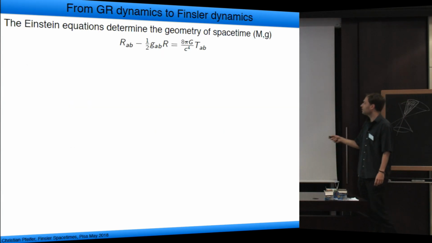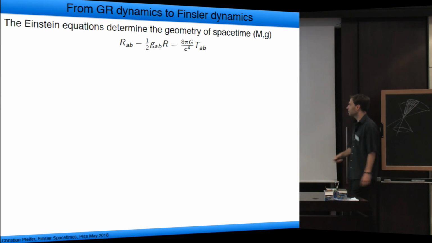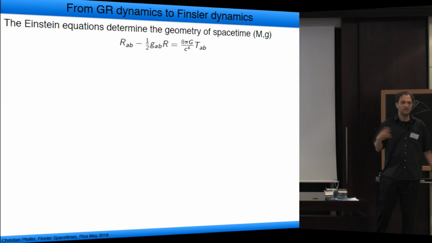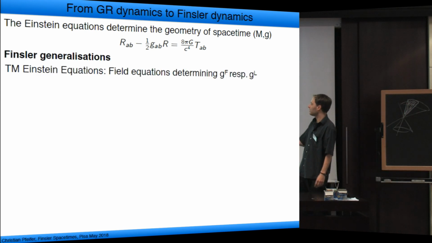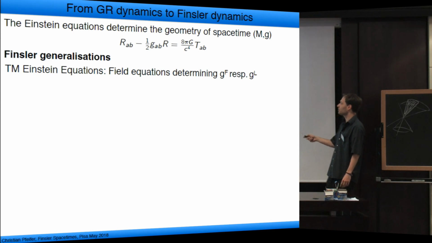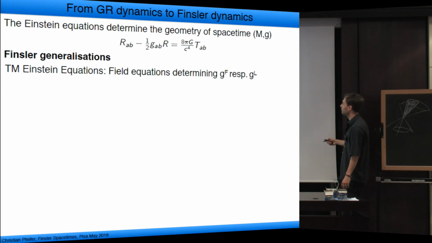Okay, we already heard that the Einstein equations determine the geometry of spacetime in general relativity, and now the Finsler generalizations fall basically in two classes. On the one hand, there are those which write formally similar equations on the tangent bundle, which are tensorial equations on the tangent bundle, which should determine the Finsler metric or this L metric.